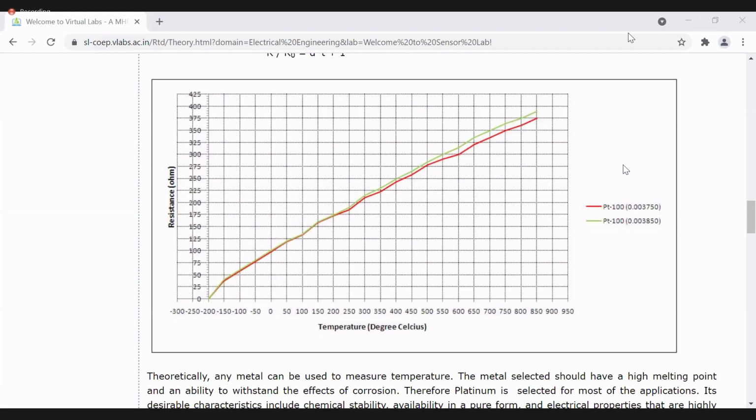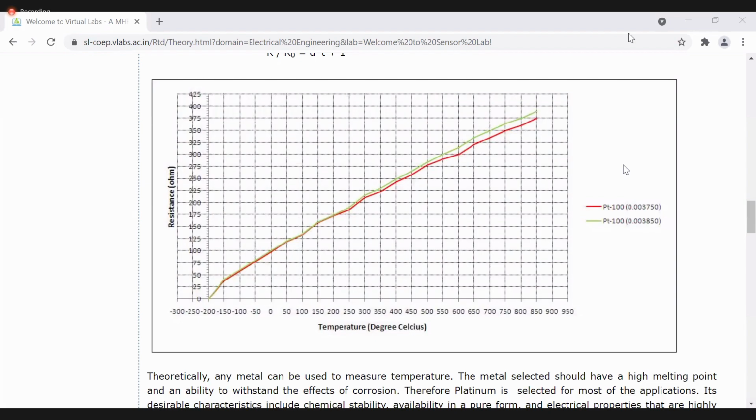Maybe the max temperature is given there. Your voice is very low, Vidya. Actually, the max temperature is 100 only, sir. So maybe platinum will be having the max temperature of 100 at alpha value varying. Before, the data was given from 0 to 100, sir, 100 degrees Celsius. So in that way, I guess.